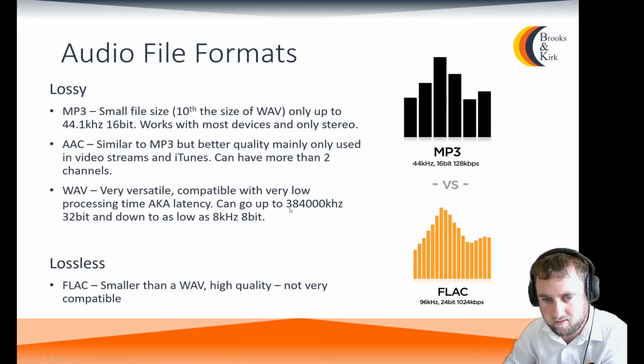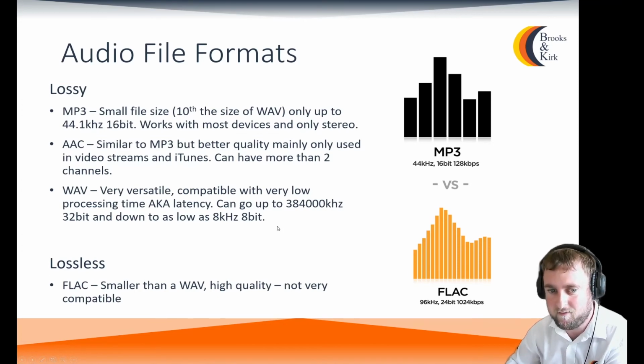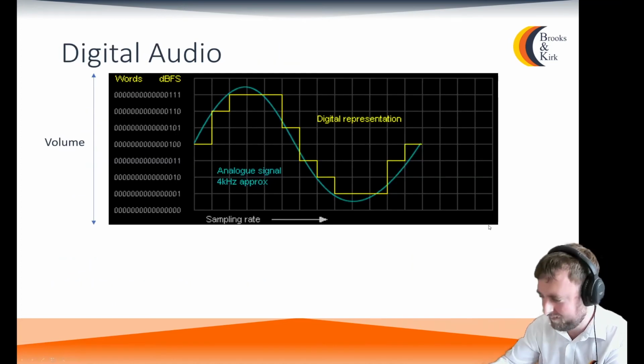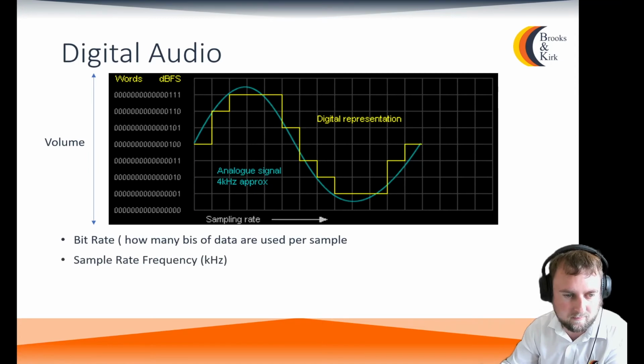So that's doing 384,000. That should be hertz, not kilohertz, I think. Or it might even be another 3 zeros after that. That many times per second, there is a bit of data saved. Amazing, really.